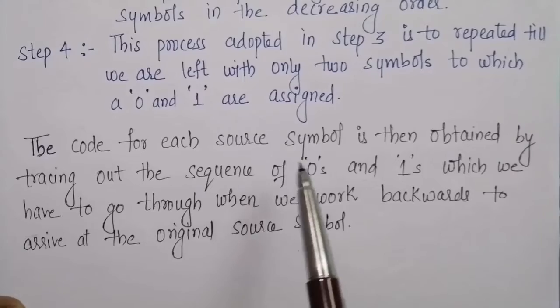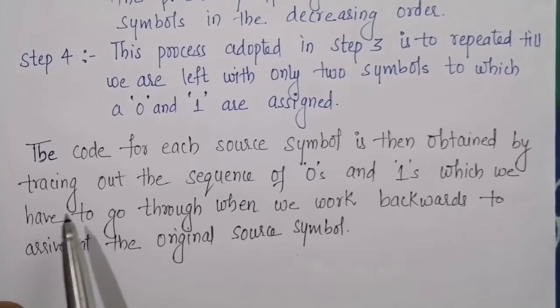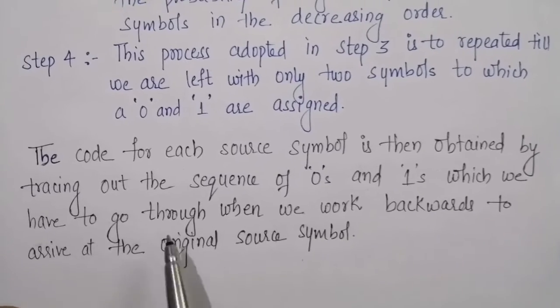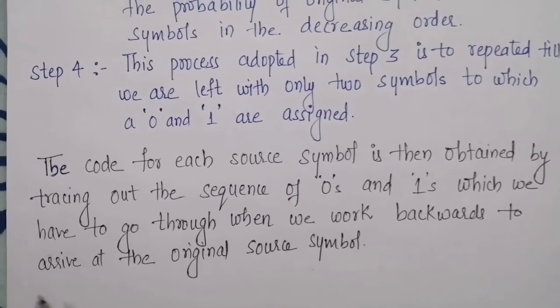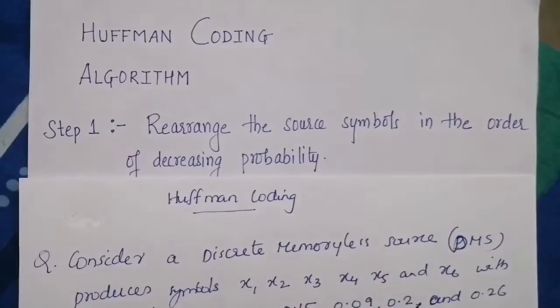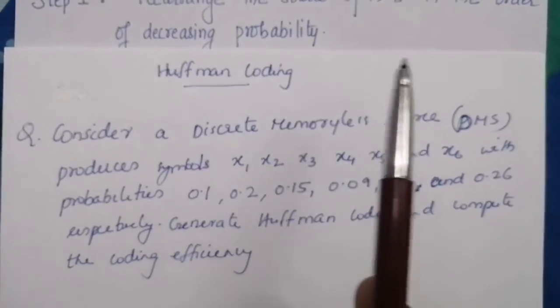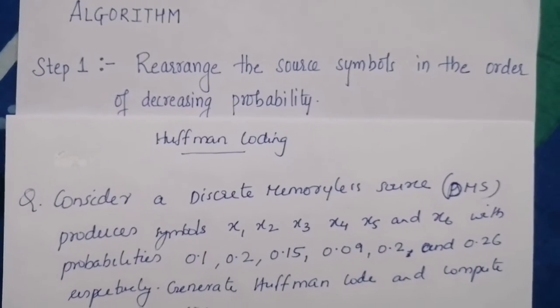The code for each source symbol is thus obtained by tracing out the sequence of zeros and ones which we have to go through when we work backwards to arrive at the original source symbols. Now we will attempt this particular problem. So first step is rearrange the source symbols in the order of decreasing probability.